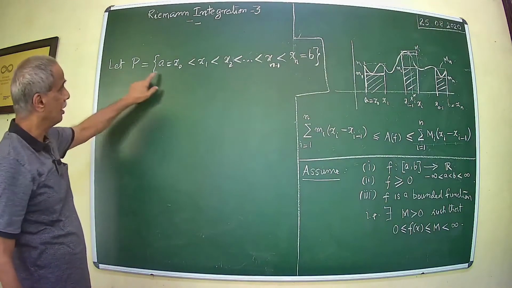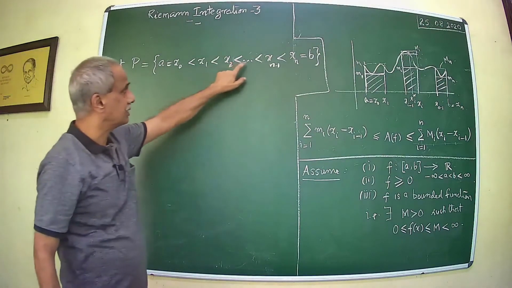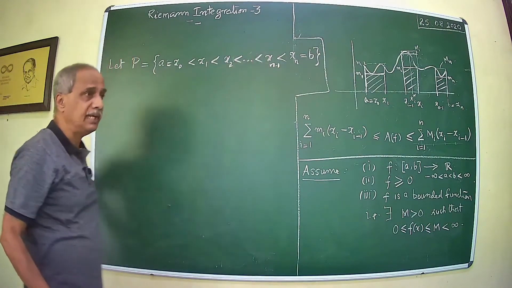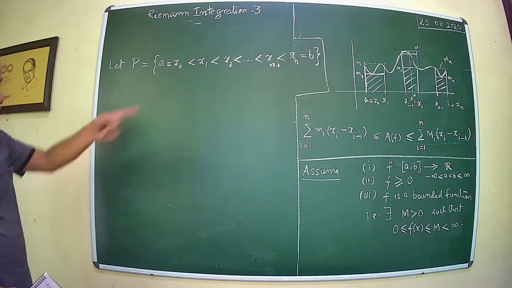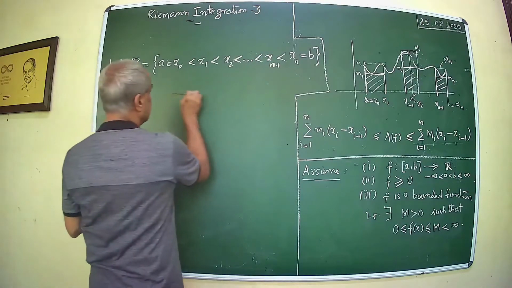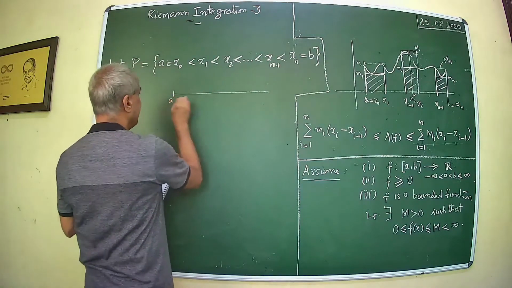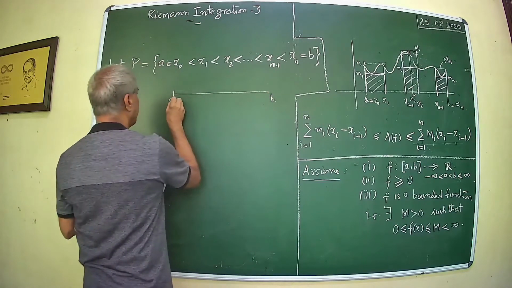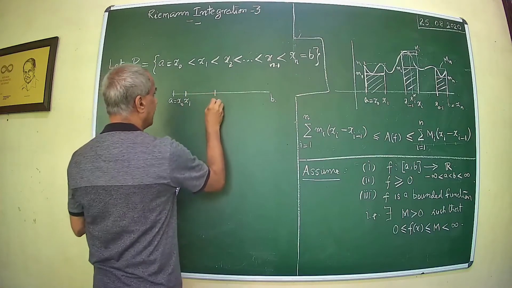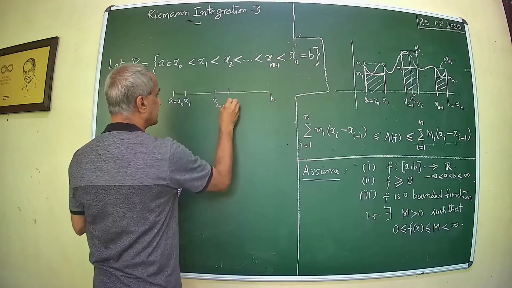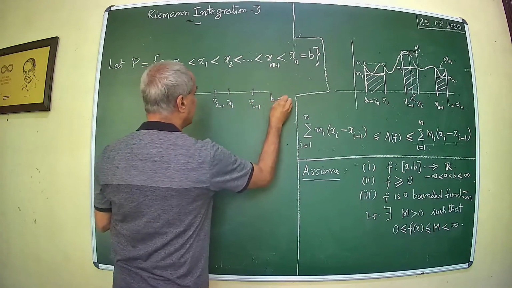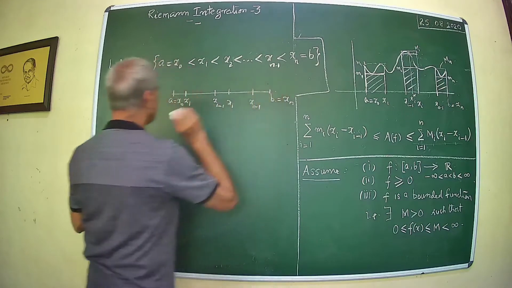It means you have a set of points x0, x1, x2, etc., xn minus 1, xn, satisfying this particular inequality, which induces a partition on the interval [a, b], as I have seen in the figure. So this is taking the interval [a, b], and then I am writing this as x0, and then I have a point x1, I have xi minus 1, xi, and then xn minus 1 and b equal to xn. This is the partition that I have.